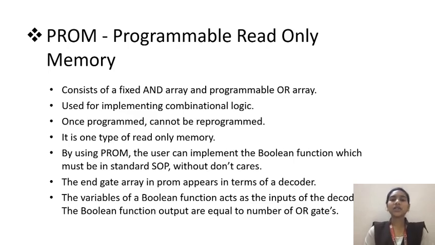By using the PROM, the user who created the circuit can implement a Boolean function, which must be in SOP, and there will not be any don't cares. The AND gate array in the PROM appears as a decoder, and the variables of the Boolean function act as the inputs of the decoder.